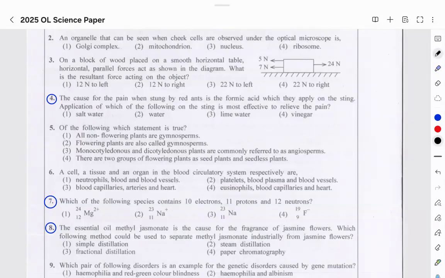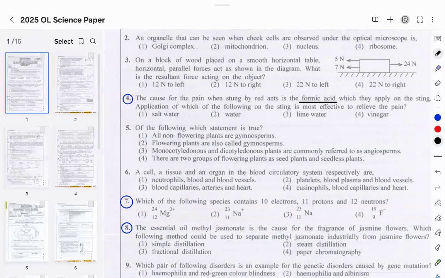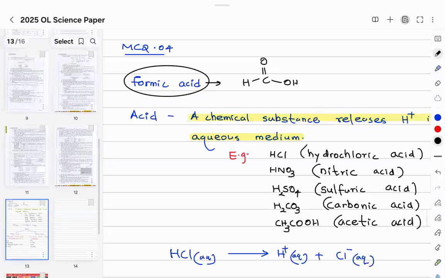This is formic acid, so we have to neutralize it. We have to reduce the acidic strength. Students, tell me, that is general knowledge. In order to reduce the acidic strength, what do we have to put? Simple, right? We have to add a base.